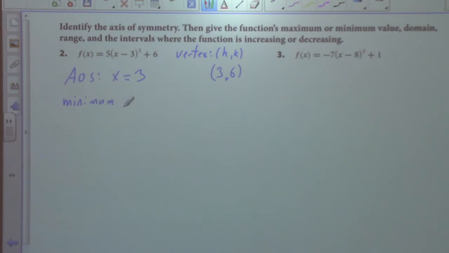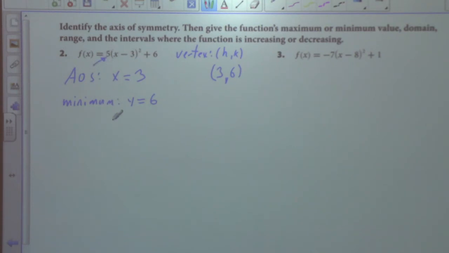And what is the value of our minimum? So y is equal to 6. How do we know that? Because this is our vertex. And what tells you this is a minimum and not a maximum? This is positive. What is positive? The K. No, A is positive.